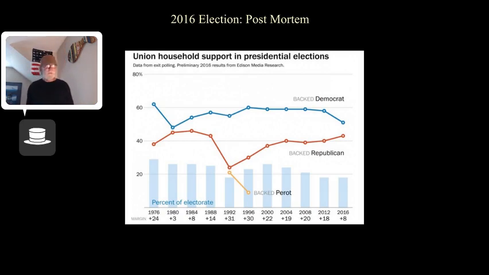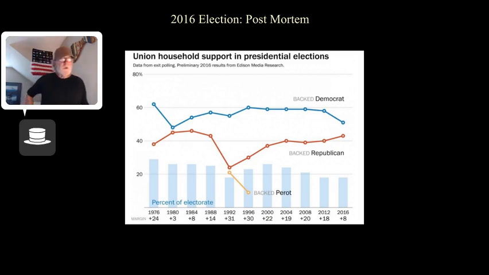And one thing you'll notice is that union households, that is a household that has a union member, you might expect there to be a difference between the percentage of union households that back a Democrat versus a Republican, and you can see that they get very close together with Trump. We're going to talk more about labor and unions, so I just put this up here for now. We may return to this.